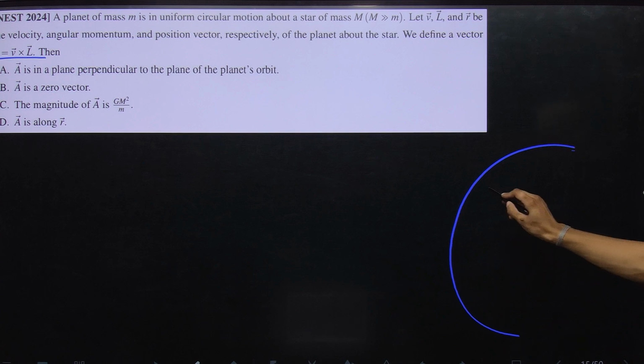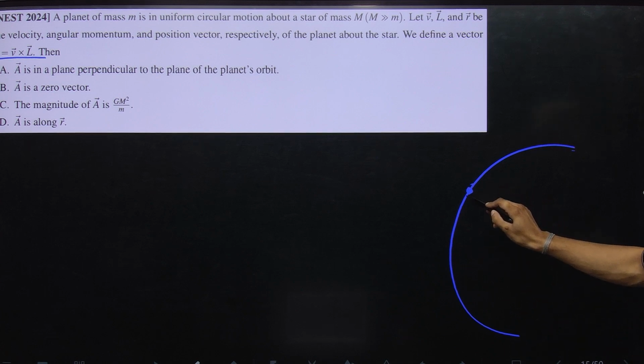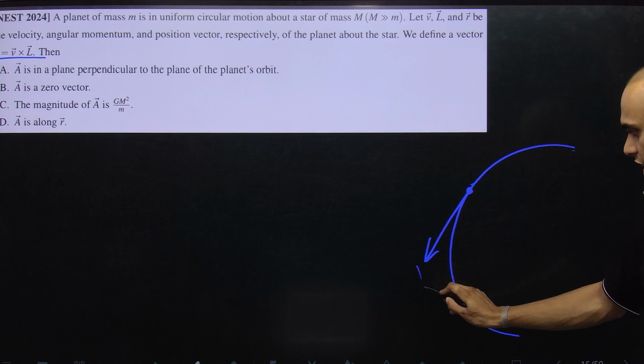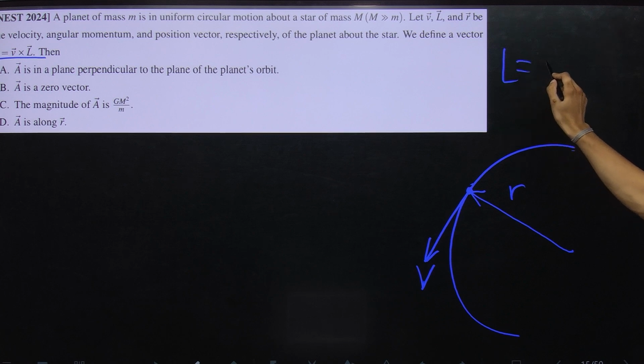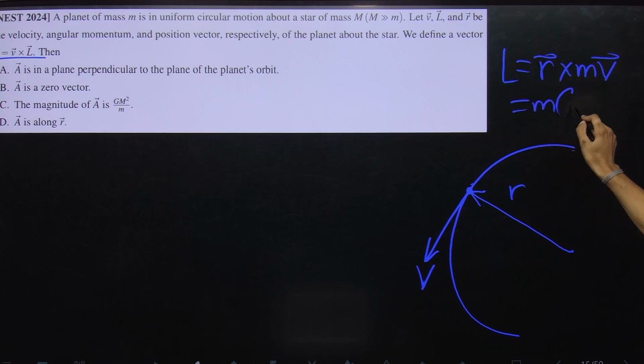We know for any point here, the velocity will be in the tangential direction v, the radius will be perpendicular to velocity, of course in the radial direction r, and angular momentum L is equal to r cross momentum mv, which we can write as simply m into r cross v.